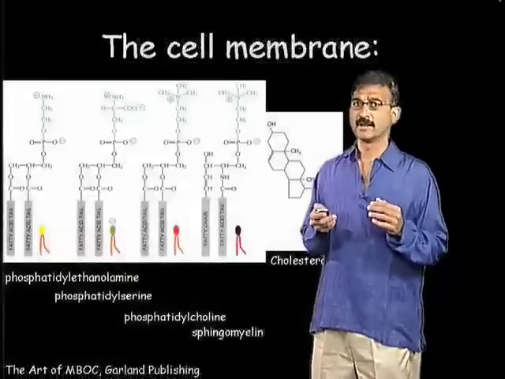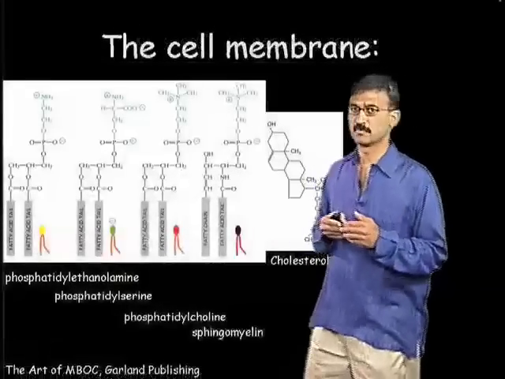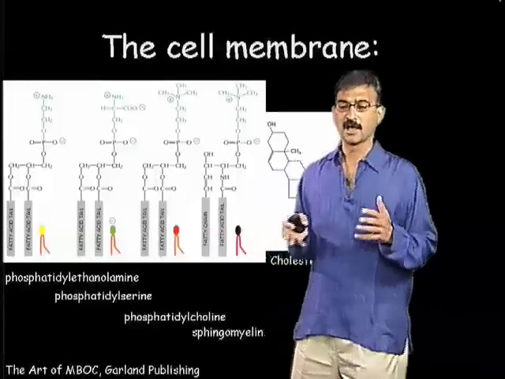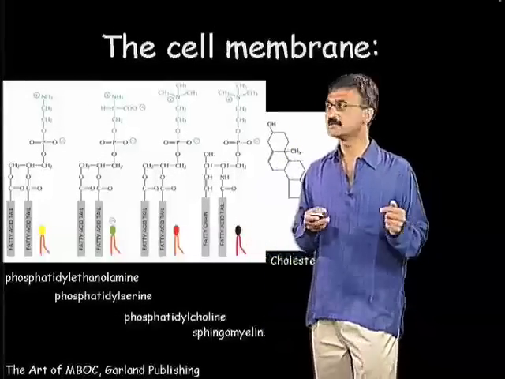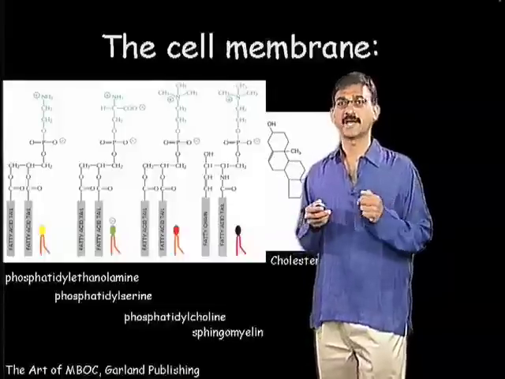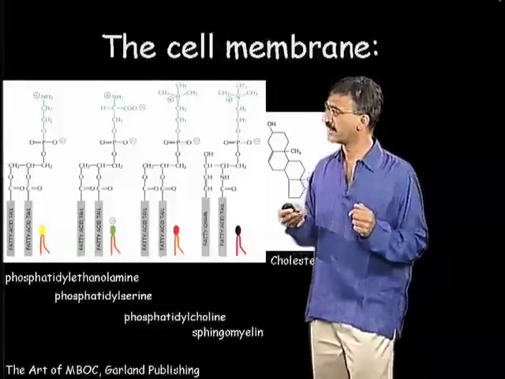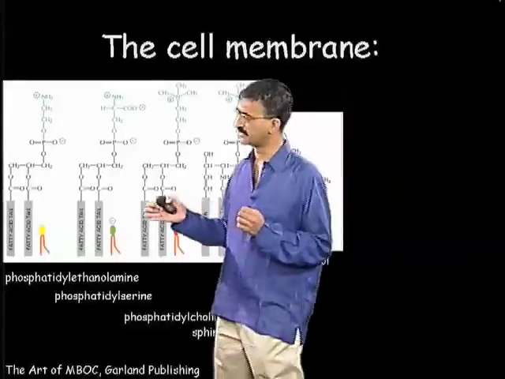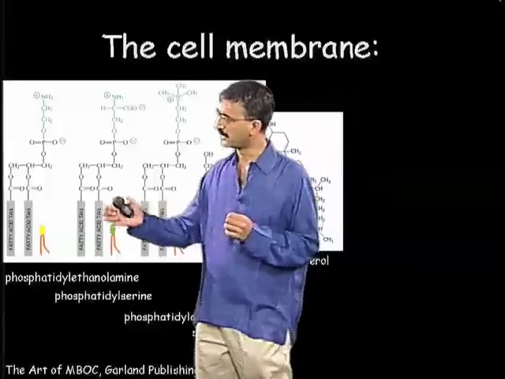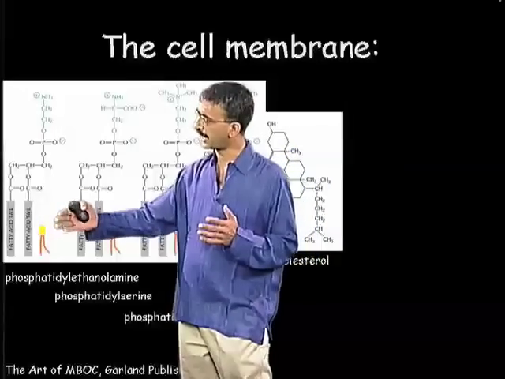The cell membrane has a particular chemical composition. It is made up chiefly of lipids. There are about 500 types of lipids, and there are several classes of these 500 types. These are defined by the head group of the lipids.